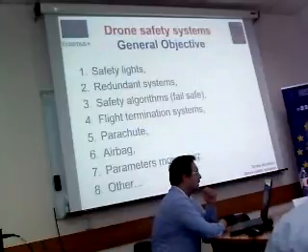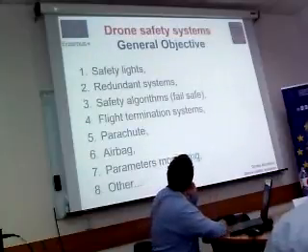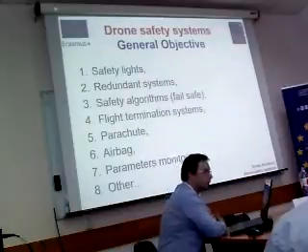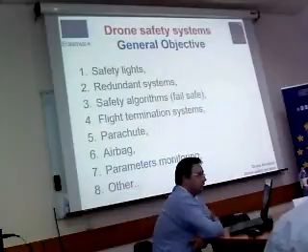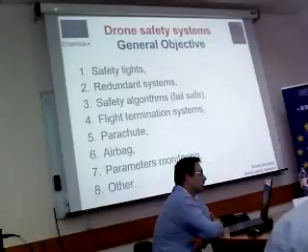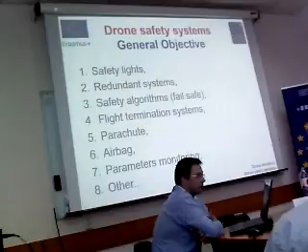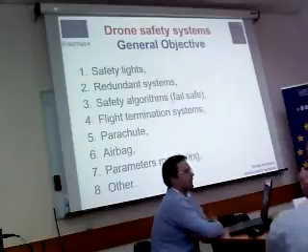So, as you can see from the general objectives that we drew, I would like to put the general effort on the hardware side. So the next chapters of the presentation will be as follows: safety lights, redundant systems, safety algorithm, light illumination system, parachutes, airbag, parameter control, and one other example that I will show at the end.